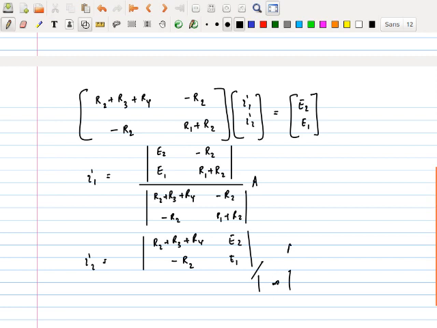So these are also in amperes. You found I1 and I2. Now once you find I1 and I2, any other variable or any other thing in the circuit can be found. So this is not rocket science, right? If you do a couple of problems, a couple of different configurations, you should be okay.